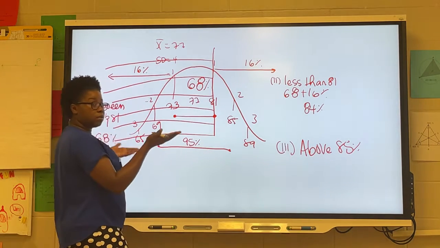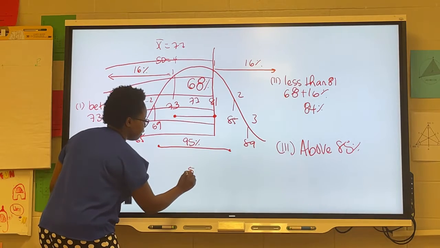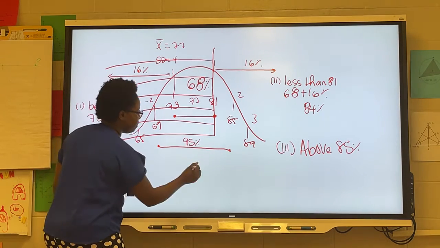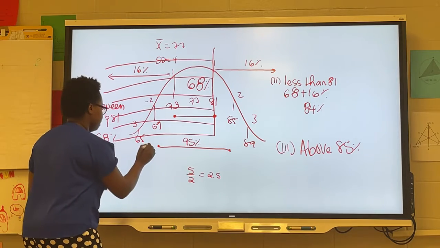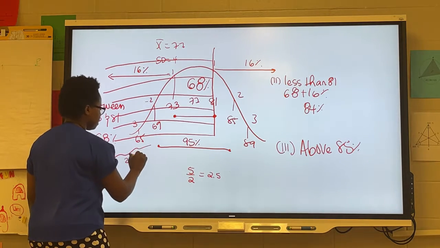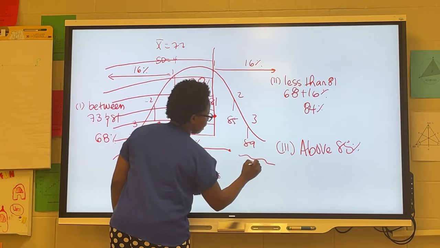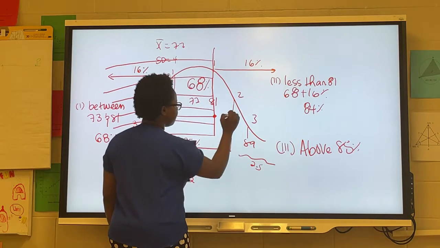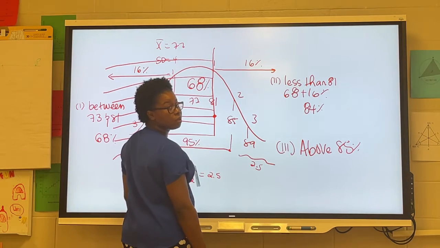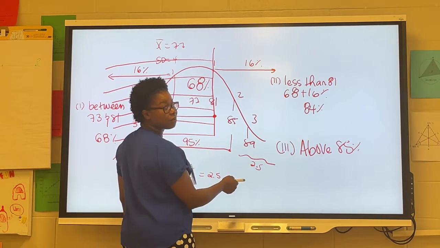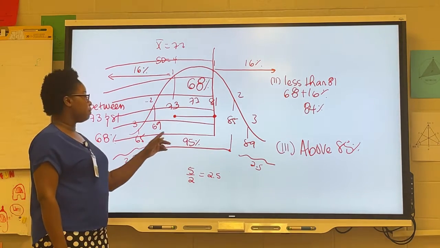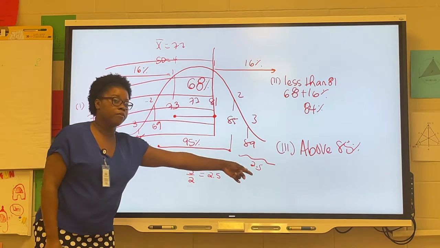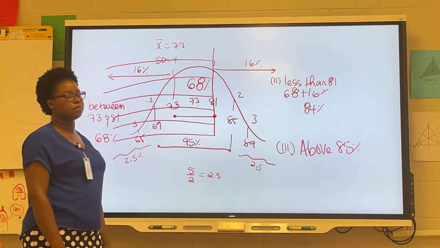So to get an equal amount on either side, 5 divided by 2 gives you 2.5. So 2.5 is going to be down here, and 2.5 is going to be above that. So above 85 is going to be 2.5% of the data. And if you add them, 2.5 plus 95 plus 2.5 should give you 100%.